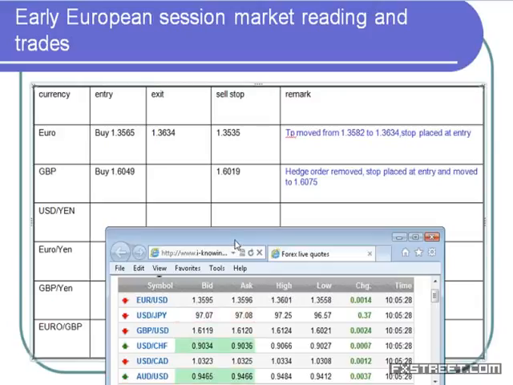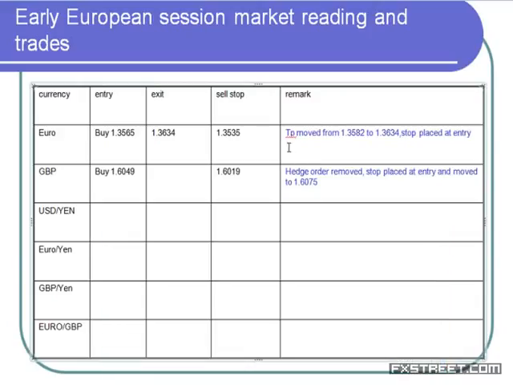When they intend to slowly gain the levels, I will try to keep the stop at entry, then try to move it, keeping 15 pips below the market. So currently it is about 1.3595. We can keep it at 1.3580.